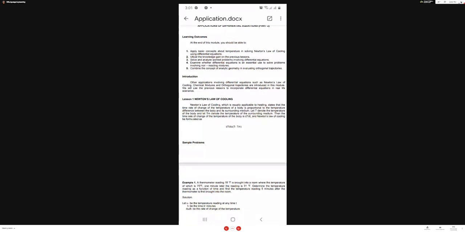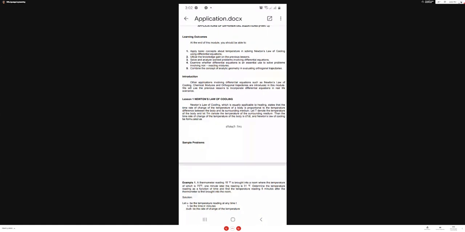Hindi init yan, lalamig yan, obviously. So, para matansya niya kung ano yung possible na time of death. Kasi magdidepende yung bilis ng pagbabago ng temperature niya sa temperature ng atmosphere. Siyempre, kung malamig yung lugar, malaki yung chance na mas mabilis lumamig yung bangkay.